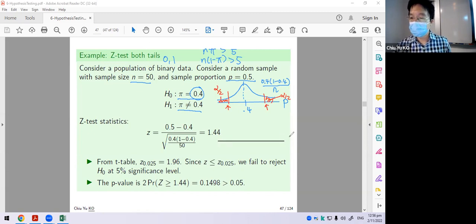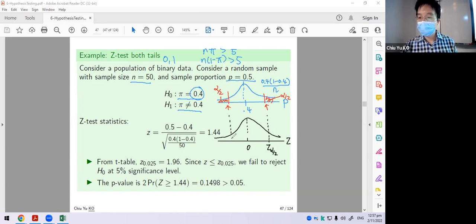So that's z here, and this becomes 0, you just normalize by subtracting. So the cutoffs are z alpha over 2 and negative z alpha over 2.